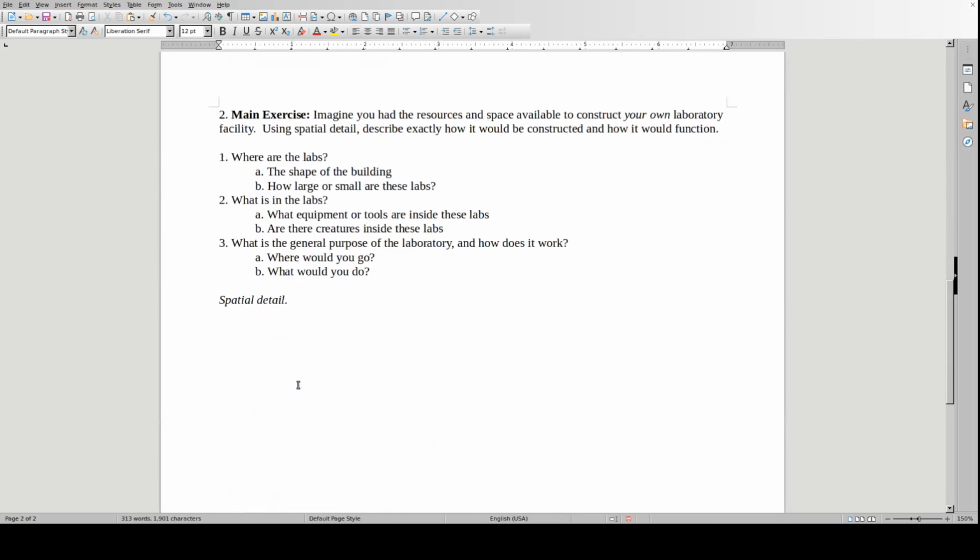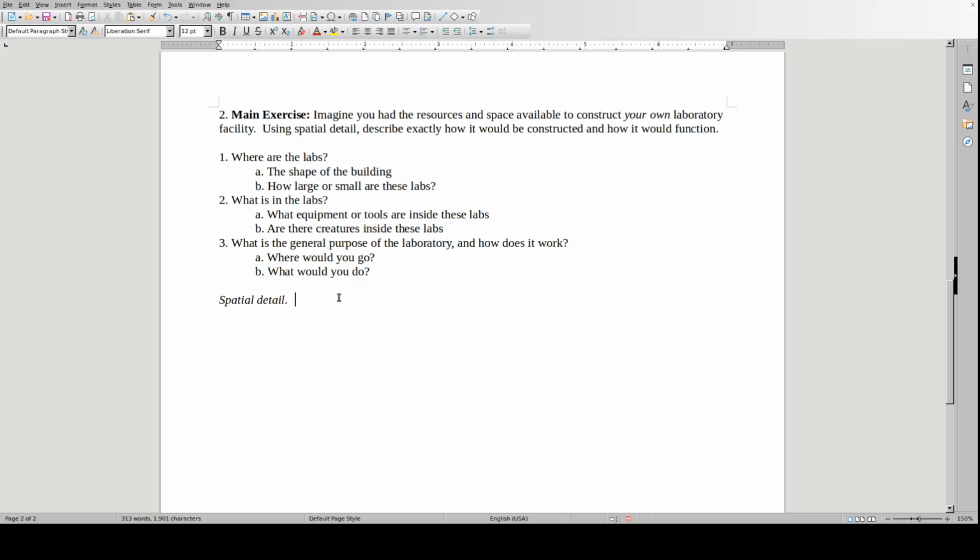And then the main exercise is to build an entire laboratory in your mind, and then describe to me where the labs are, what's in the labs, what's the general purpose, and what research is going on inside those labs, using as much spatial detail as possible.